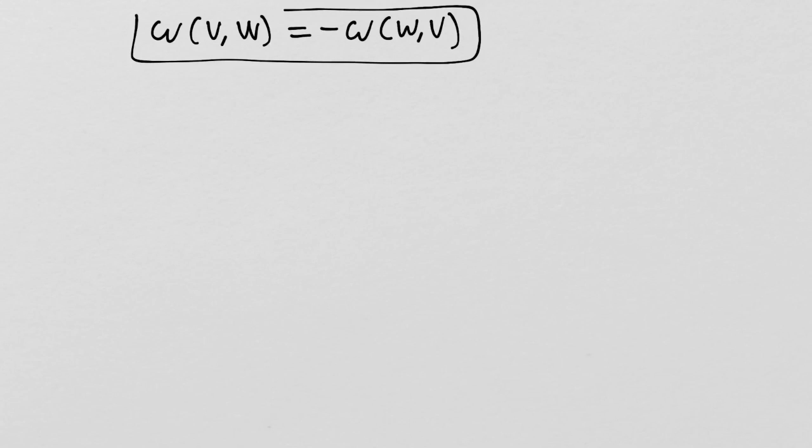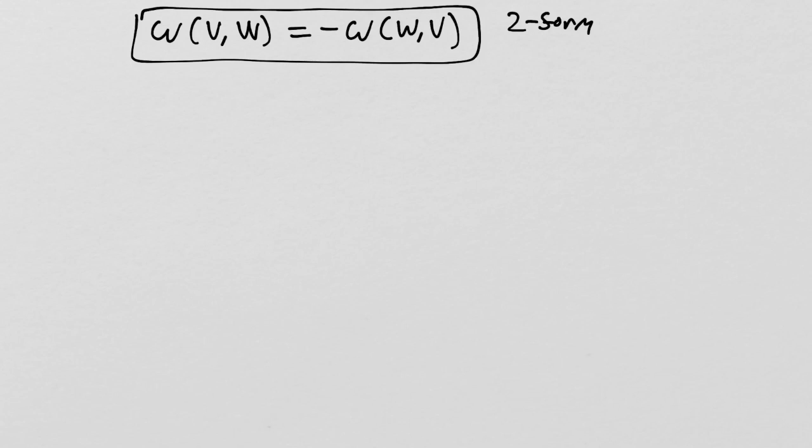We are seeking tensors of the form where the tensor acting on two vectors, v and w, the real number it produces is opposite of the real number it produces when it acts on w and v. And this constraint, a 0-2 tensor that follows that constraint, is called a 2 form.